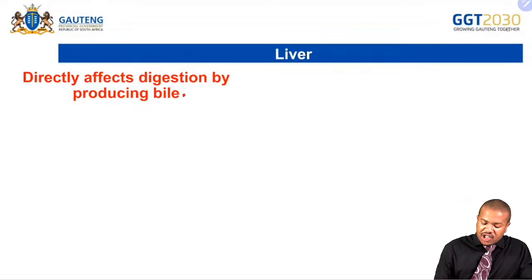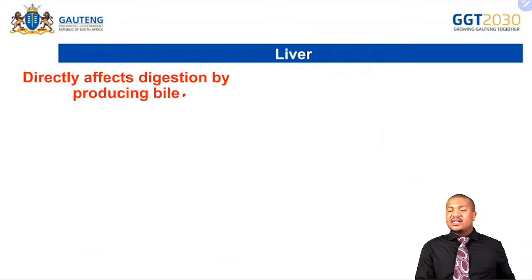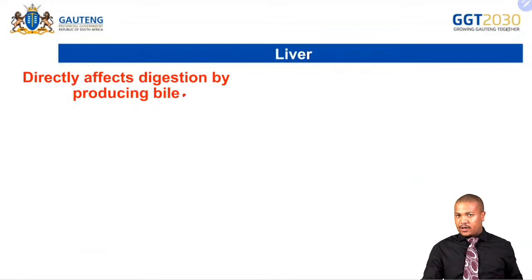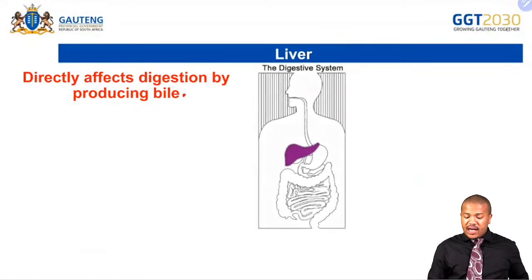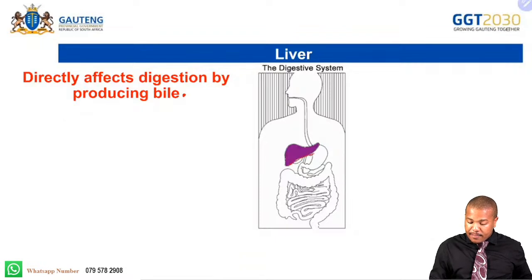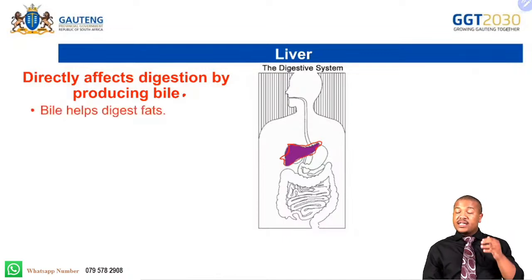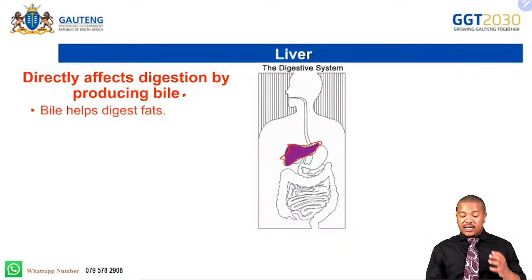Its main function is to secrete and produce bile, right? That is its main function in digestion. So looking at our diagram, this is the liver, which is colored purple. This is the liver of our alimentary canal. It produces and secretes bile.